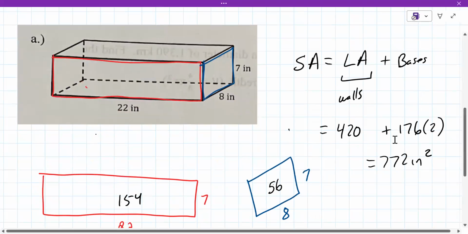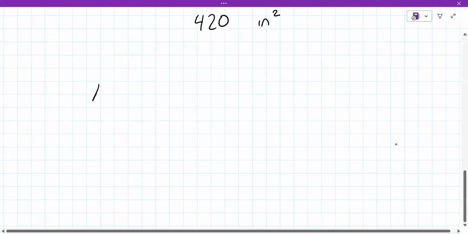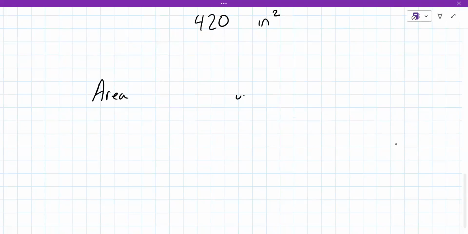How are you going to remember that? The area unit is inches squared and the volume unit is inches cubed. So how will you remember it? I'm asking how you're going to remember it because you've got a quiz tomorrow. I think I know how to do it.